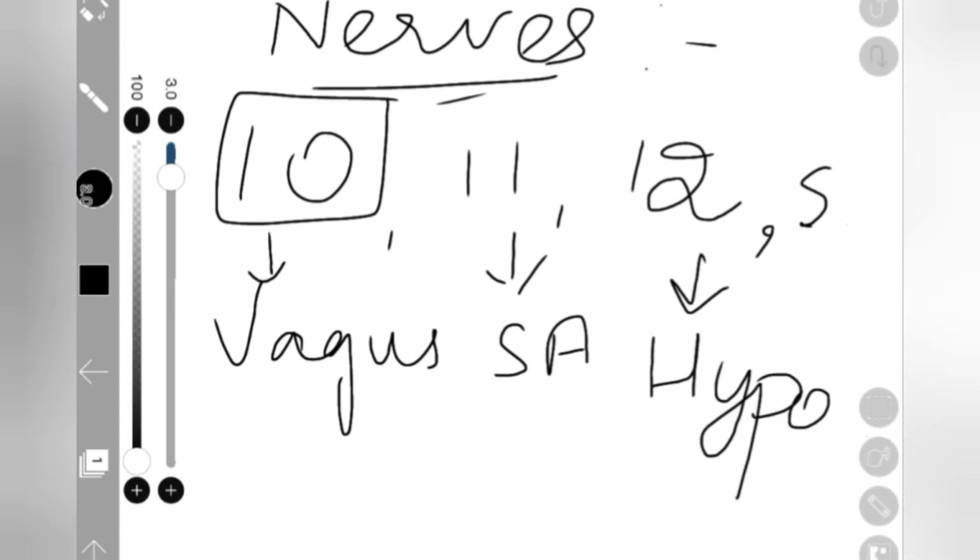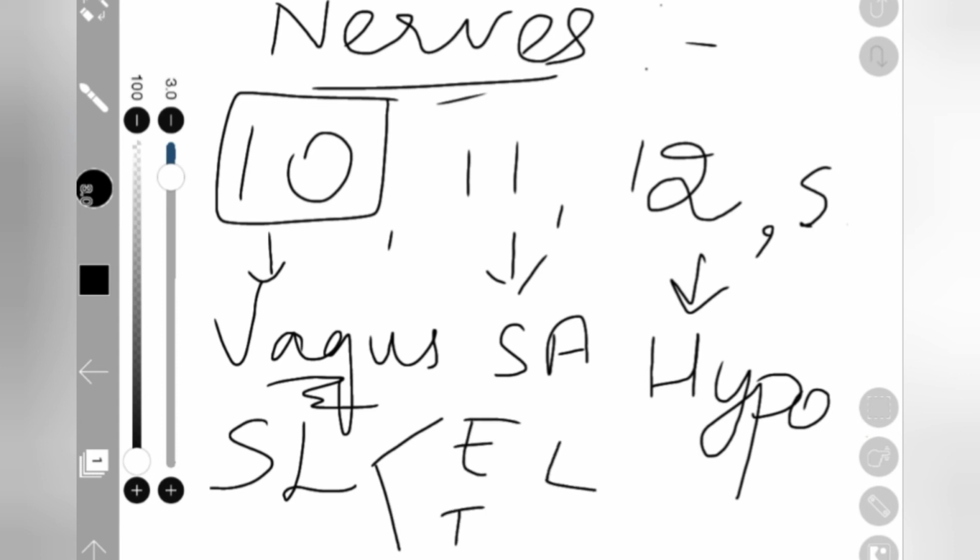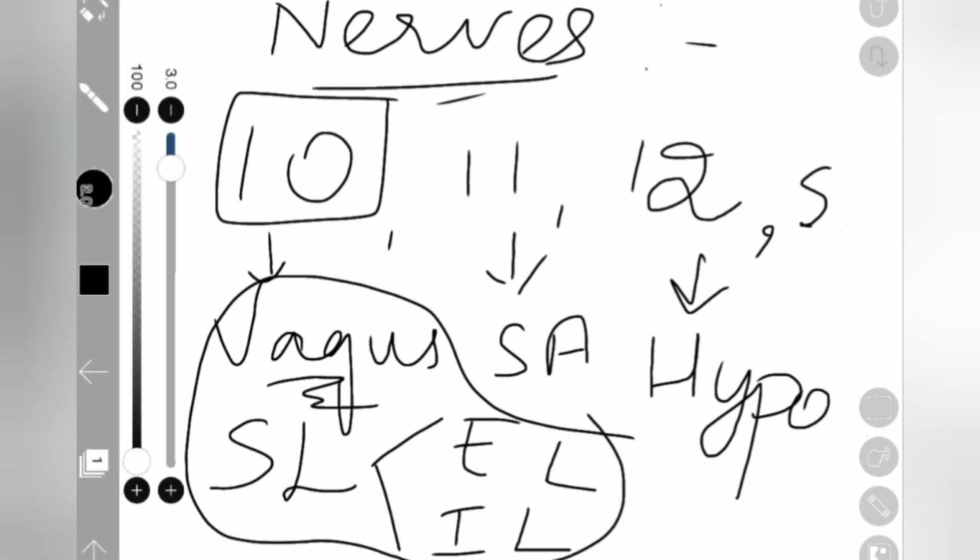And regarding the vagus nerve, its superior laryngeal branch is divided into external laryngeal and internal laryngeal. This division occurs in the carotid triangle. So the nerves are the vagus nerve, spinal accessory nerve, hypoglossal nerve, along with the sympathetic chain. These are the nerves present in the carotid triangle.